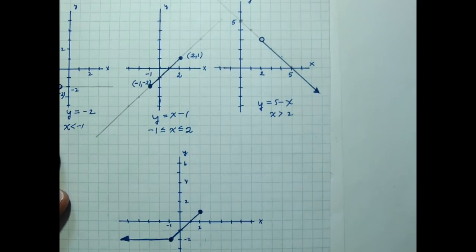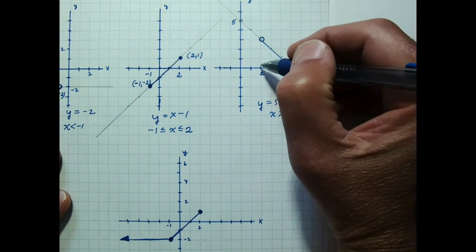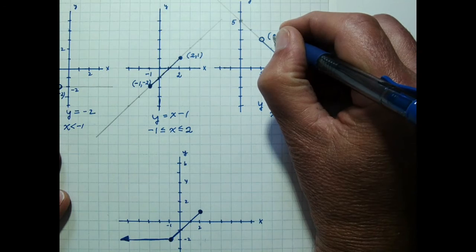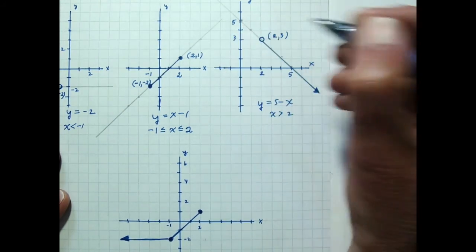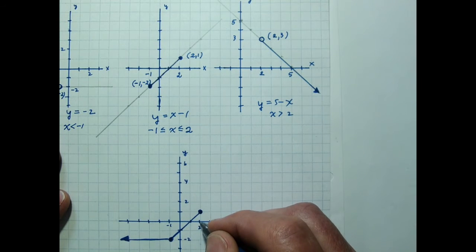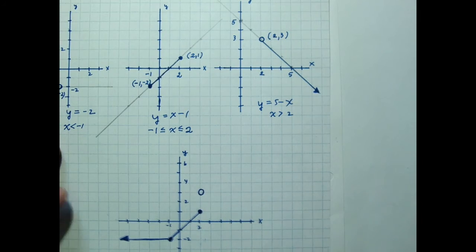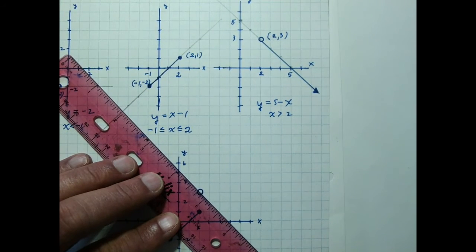Now I need to add this portion of the 5 minus x graph. So now this point with the open circle is actually 2, 3. Correct? Y coordinate is 3 there. So 2, 1, 2, 3 is up here. I need an open circle, and then I need to draw my line down to the right.